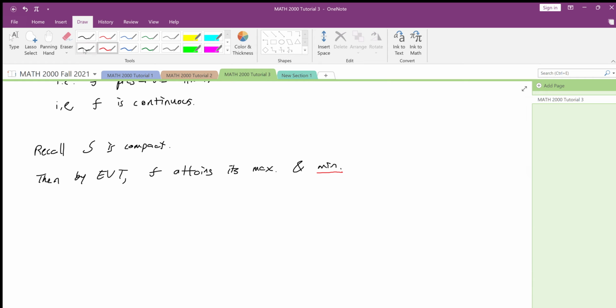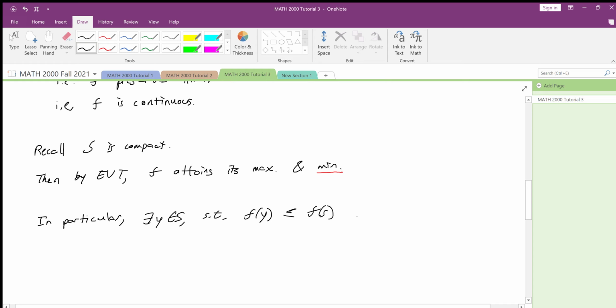f attains its minimum. So what does it mean to attain its minimum? In particular, there exists a point y in the domain such that f of y is less than or equal to f of s for all possible s in S. That's what a minimum is. So if I just simplify this expression, what's f of y? f of y is just the norm of y minus x naught, and that's less than or equal to the norm of s minus x naught.